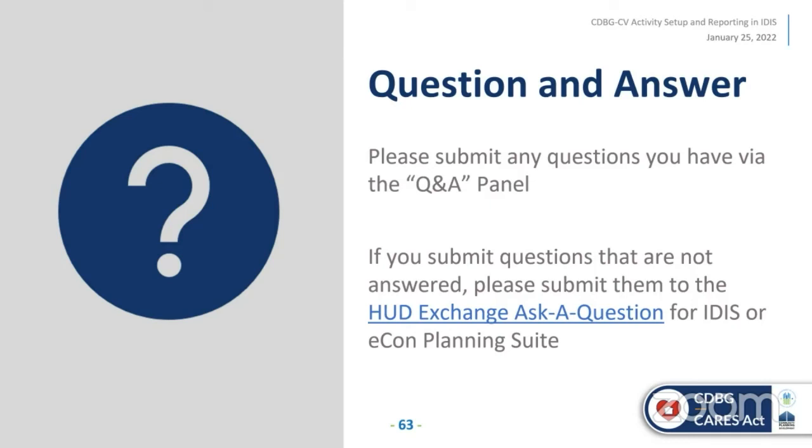If it's a non-planning and admin matrix code, it will be reflected otherwise as a regular project cost. So if you see an activity that's not admin, but it's showing up on your PR26 as an admin drawdown, then check your activity setup and make sure that the correct matrix code has been selected. And if it hasn't been selected correctly, you can update that and correct it. And then you just will need to wait a day, overnight, for the MicroStrategy reports to refresh. And then you can rerun your PR26 and it should automatically correct and reclassify that expense to the new matrix code category.